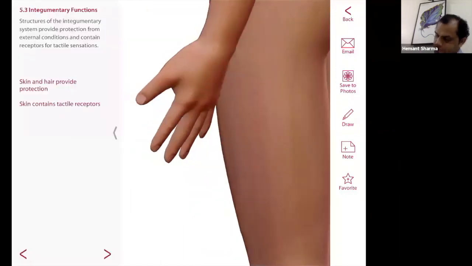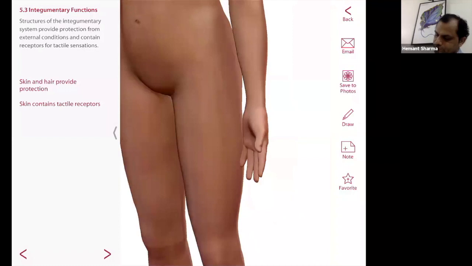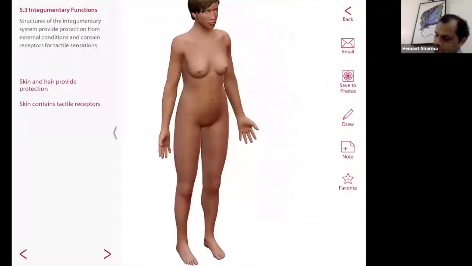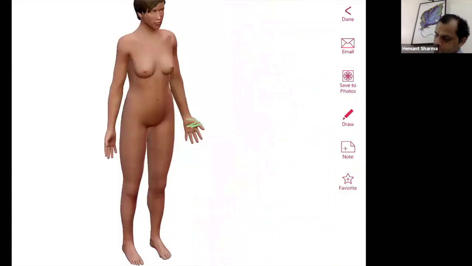She was having pain in both arms and both legs. So all 4 extremities were painful.